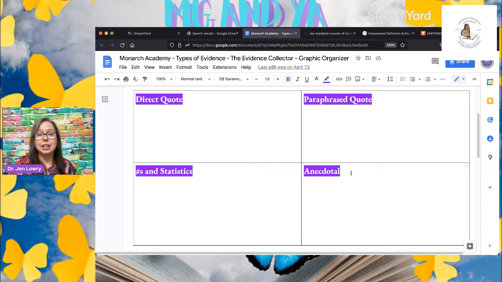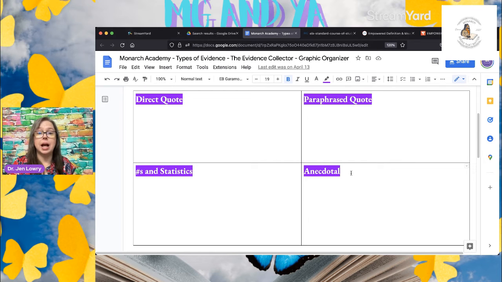So that's why anecdotal can often now be found in nonfiction work. So there's a variety of ways that you can cite and pull and collect evidence. Just make sure that it is timely, that it is relevant, that it is credible, and that you do it appropriately.